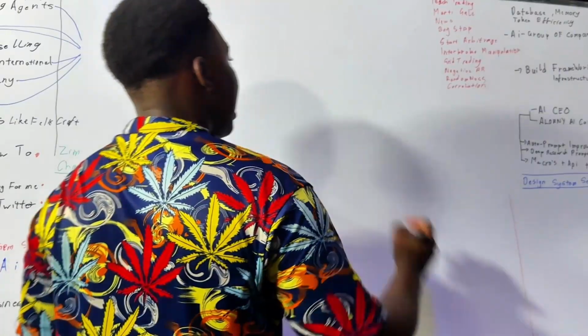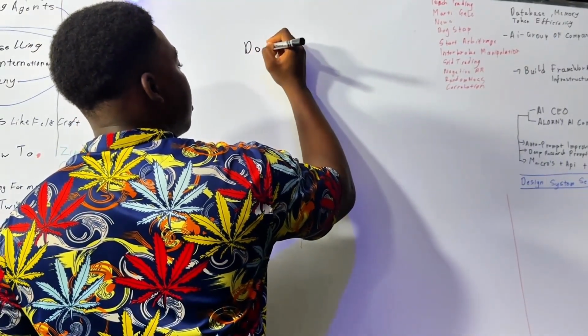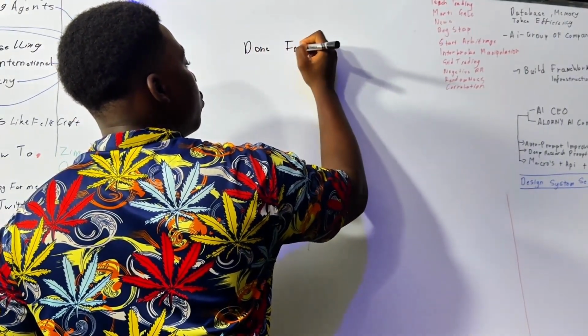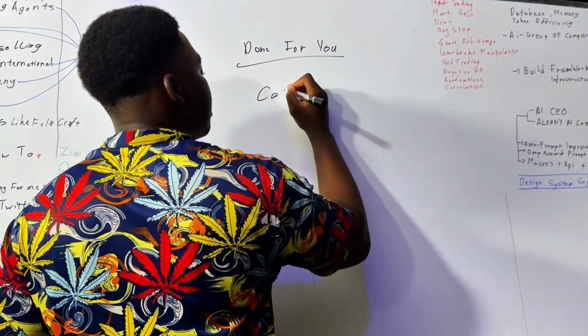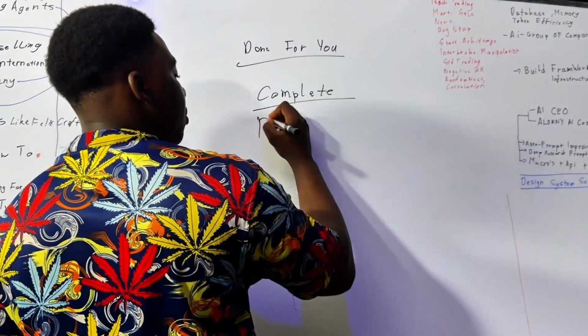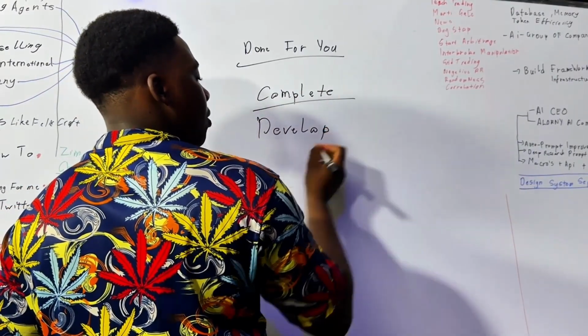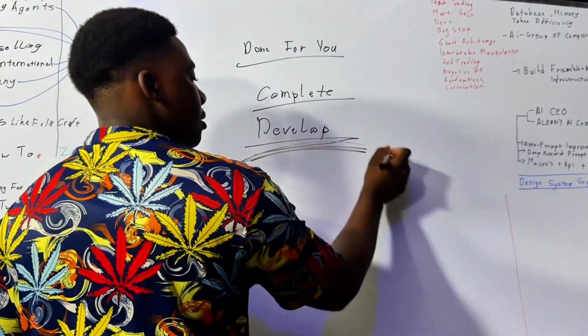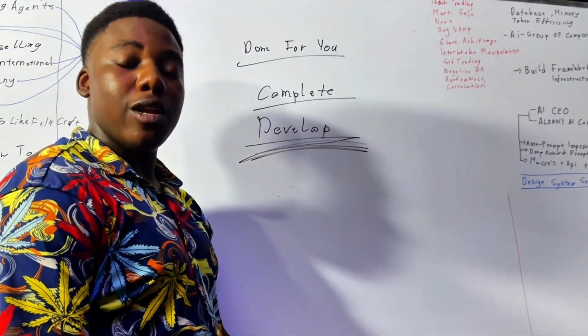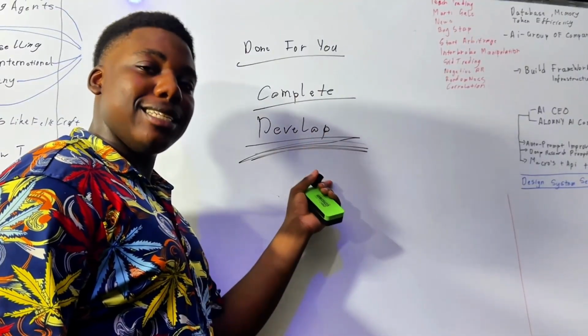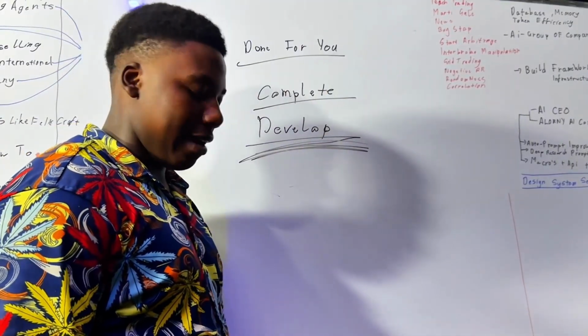By the way, don't try to look for a done for you strategy, okay? Or complete strategy. You need to develop your own strategy. You need to develop your own version of the strategy, building based on what they have.